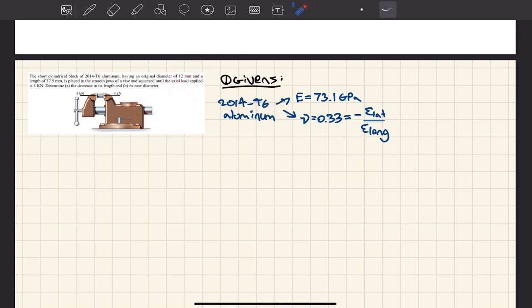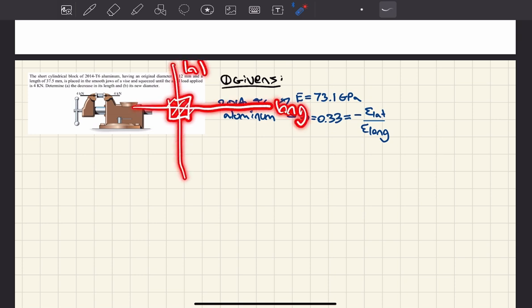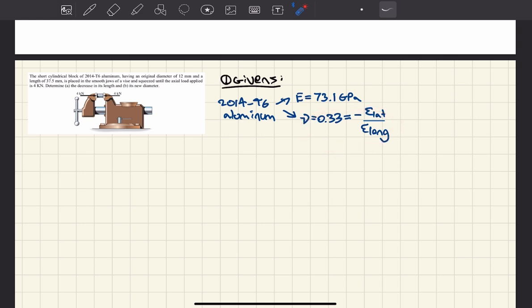And if I compress this same marshmallow, then my diameter is going to get bigger, right? So it's a value that relates the lateral strain, or lateral deformation, to the longitudinal strain, or deformation.